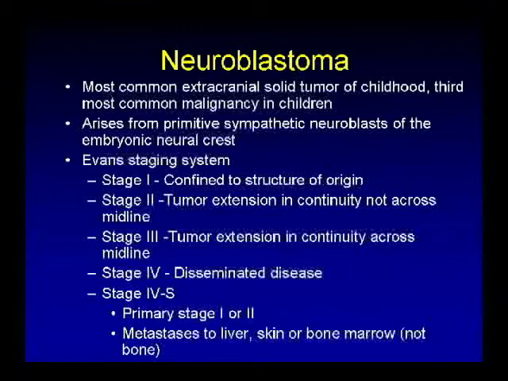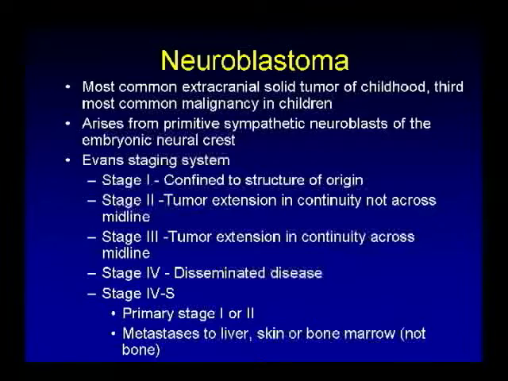Neuroblastoma is the most common extracranial solid tumor of childhood and the third most common malignancy in children. It arises from sympathetic neuroblasts, and there are lots of different staging systems. I'll tell you that the newer staging systems that are coming out, that the Children's Oncology Group and the International Neuroblastoma Study Group are looking at, rely very heavily on imaging features.